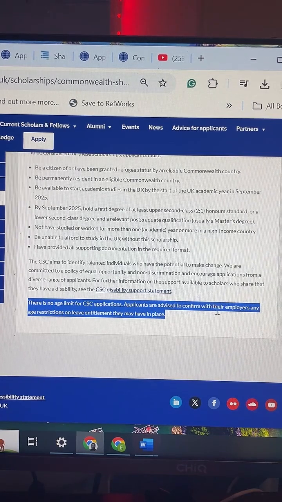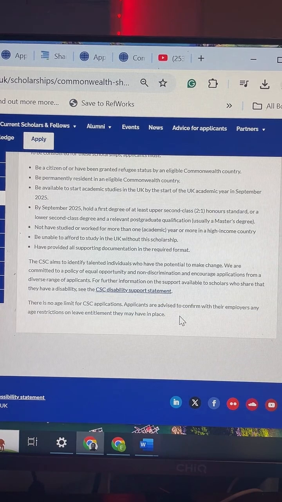Okay, so there's one thing that we also have to be aware of. There is no age limit for CSE applications. So if you are making this scholarship application, there is no age limit for that. Applicants are advised to confirm with their employers any age restrictions or leave entitlements they may have in place.